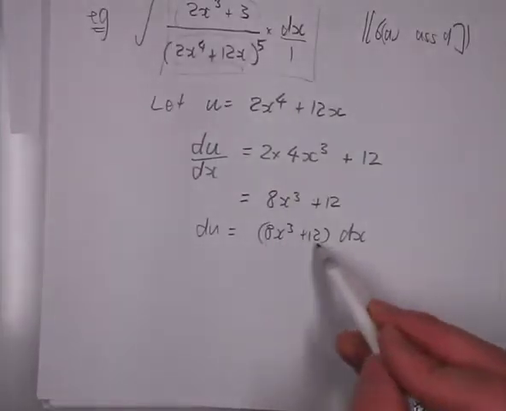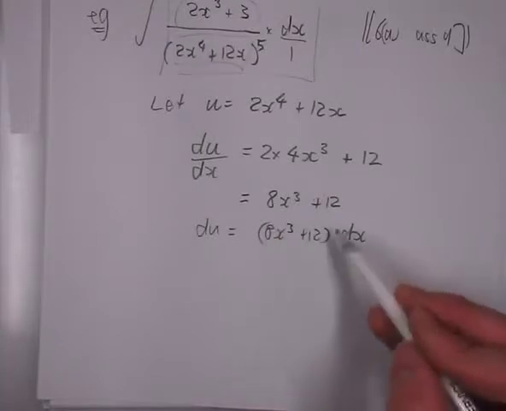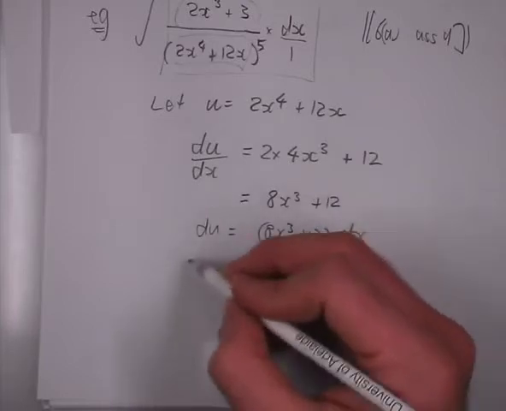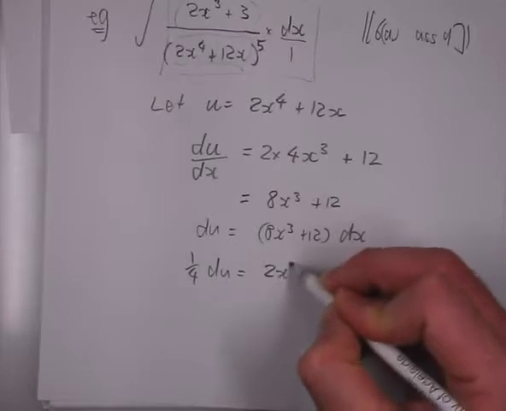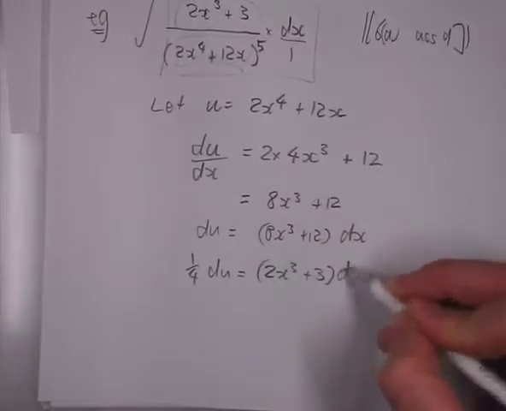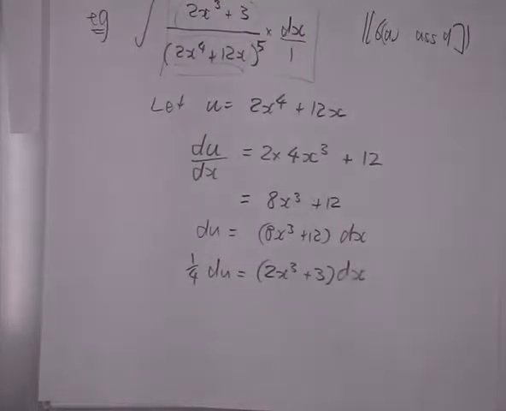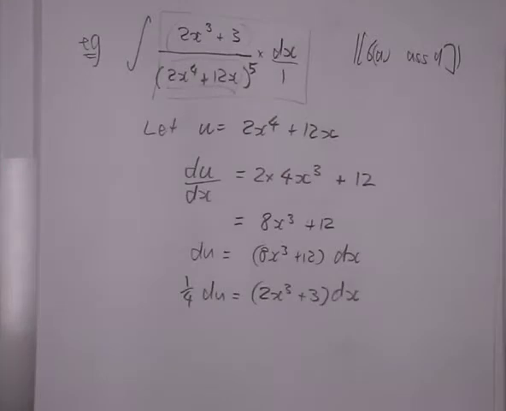So dividing by 4 ought to do the trick, because if we divide that by 4 it'll give us the 2, and divide that by 4 it'll give us the 3. I had to look to see what was actually in my integral and see how I could turn this into what was already there.